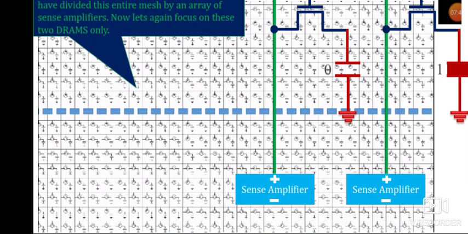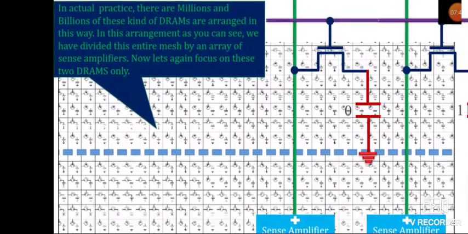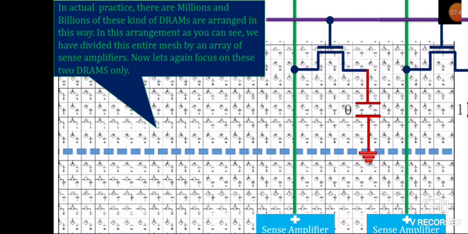So here you can see that with the help of these bit lines, we have divided that entire mesh of DRAMs. What is the purpose of doing that? By doing that, we can have better control, and that will help in reading and writing operations as well.